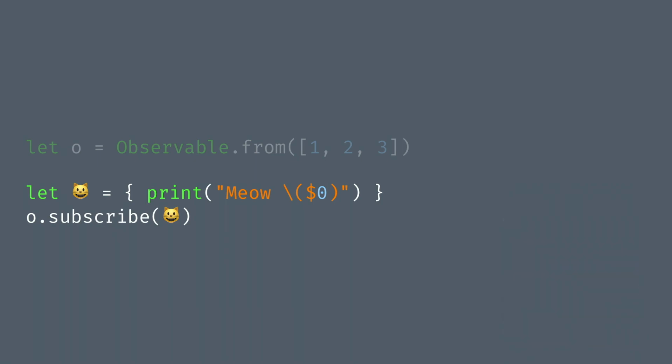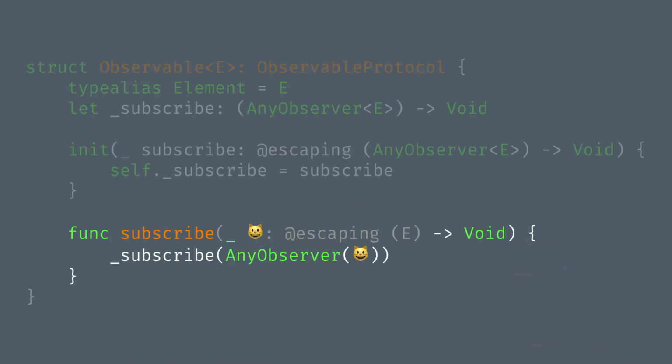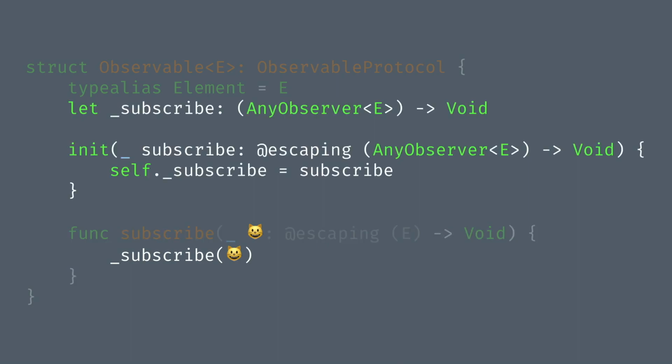subscribe it to the observable. So it arrives in the subscribe method. It's then wrapped in an any observer, but that's just a thin wrapper, so we can ignore that. And then the subscribe closure is called, and cat is passed to the subscribe closure. So what's this subscribe closure? That's actually the closure that's passed on the creation of the observable over there.